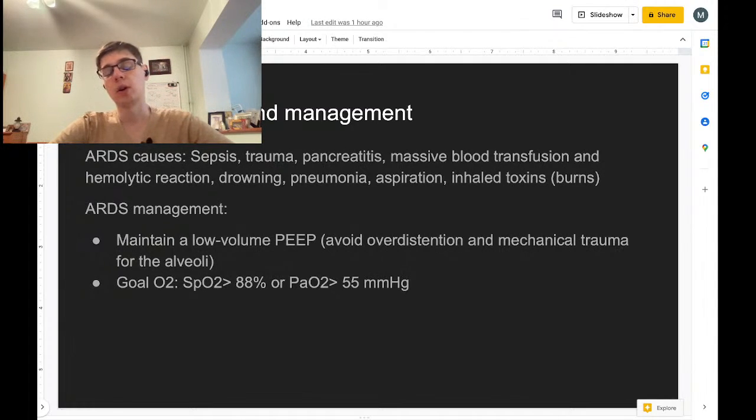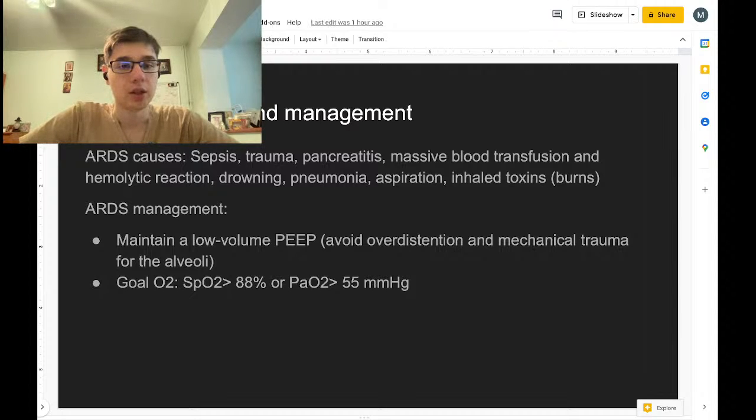How is ARDS managed? Well, ARDS is managed with a low volume and PEEP to avoid overdistension and mechanical trauma inside the alveoli. The goal oxygenation is a peripheral oxygen saturation of greater than 88% or a partial pressure of oxygen greater than 55.